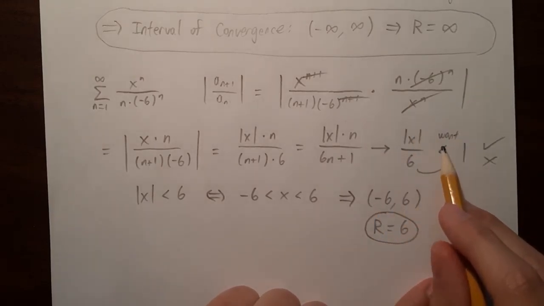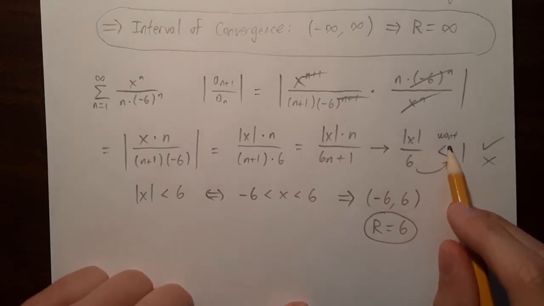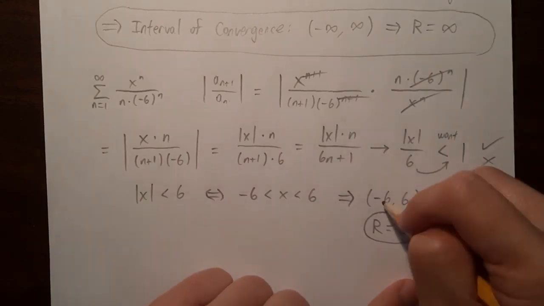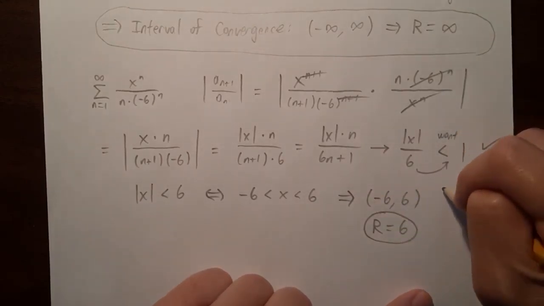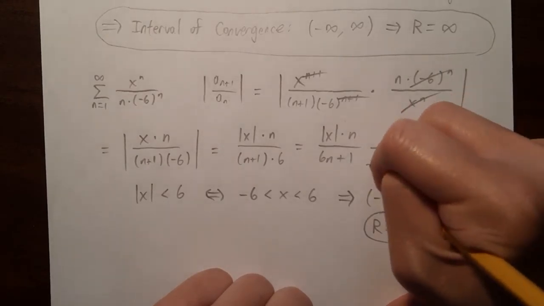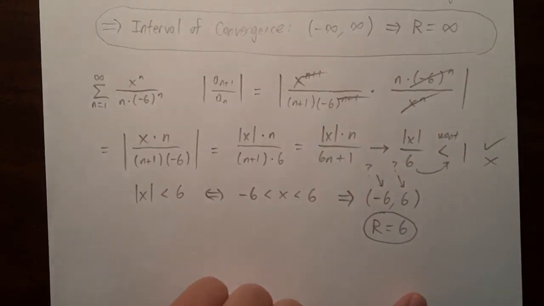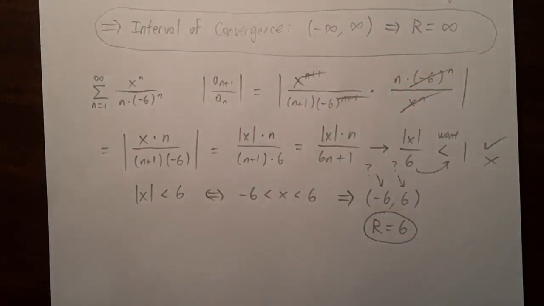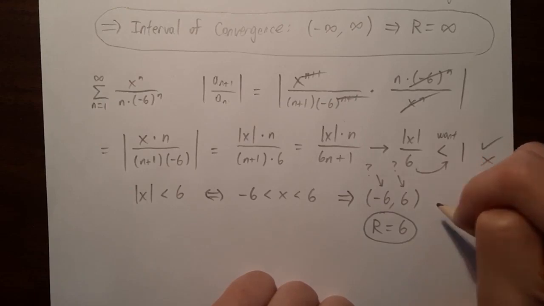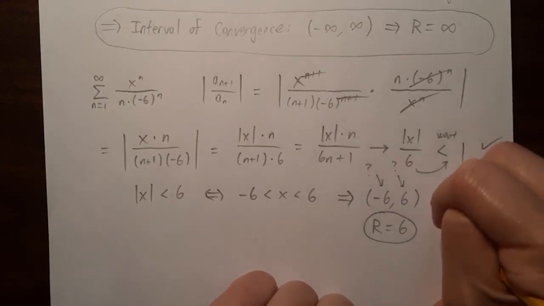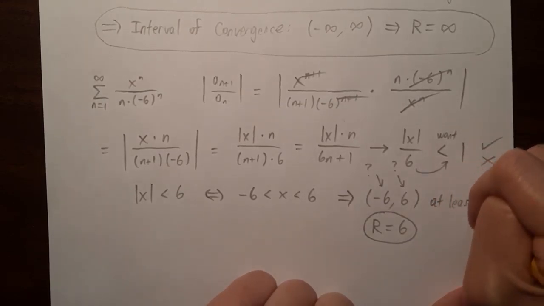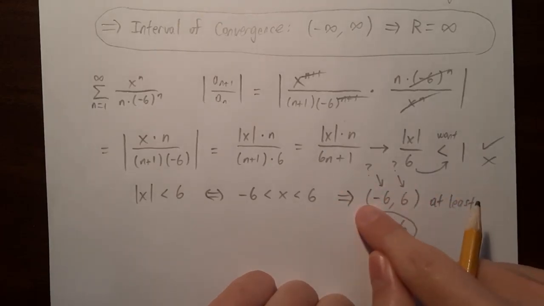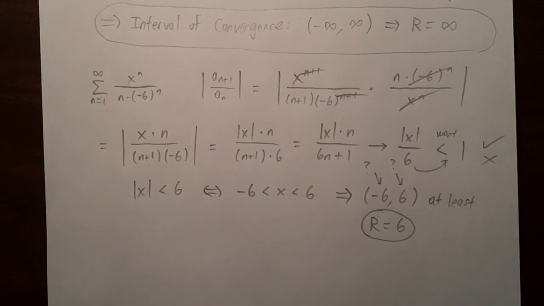If you change this less than sign into an equal sign, then solving this becomes x equals ±6. And so what that means is at -6 and 6, the ratio test doesn't know. So these two endpoints are unknown at the moment. Everything in between them is definitely known to be convergent by the ratio test, but the endpoints are not known. So really what we've shown so far is that the interval of convergence is at least this open interval. But it's possible that the two endpoints might be included, or maybe only one of them is included. We still don't know.